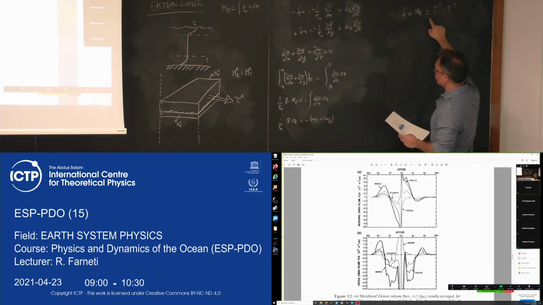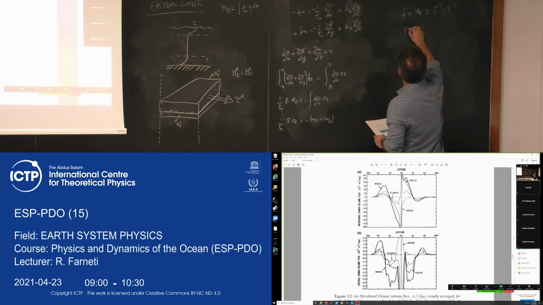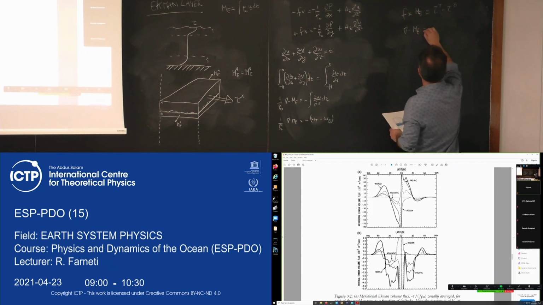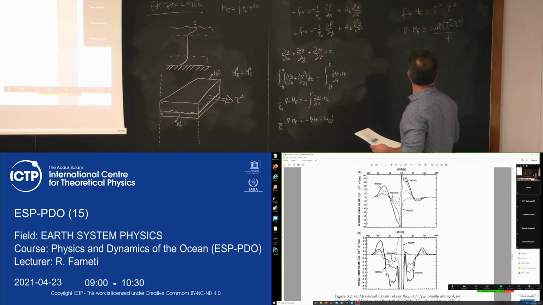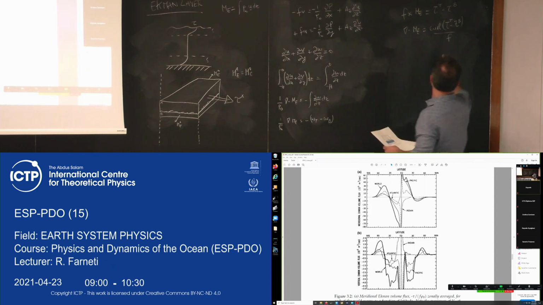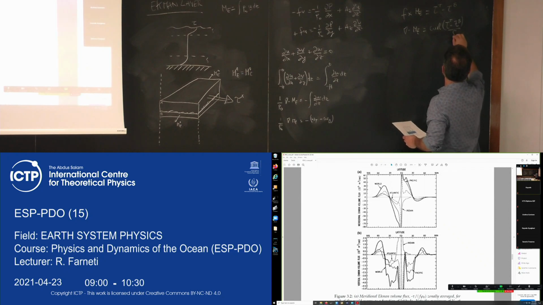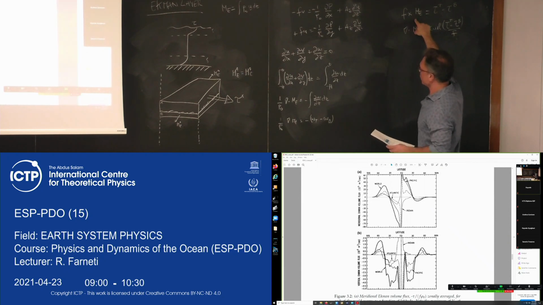Okay, if you use this and you take the curl of this equation, what we look for is just tau top minus tau bottom over f. Just taking the curl of this.